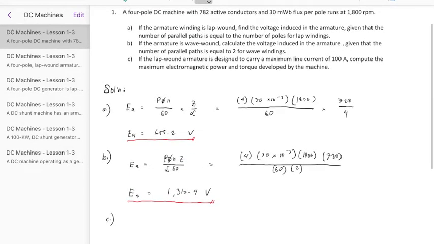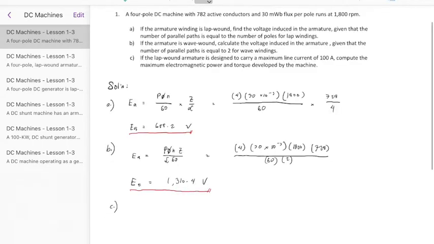If the lap wound armature is designed to carry a maximum line current of 100 amperes, compute the maximum electromagnetic power and torque developed by the machine. We first solve the torque, then the electromagnetic power.